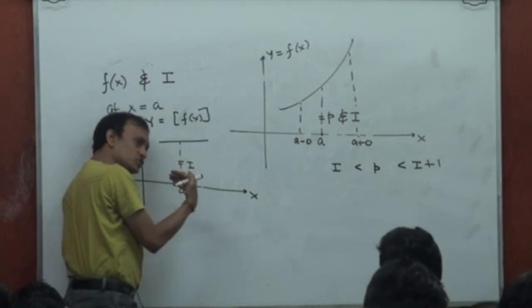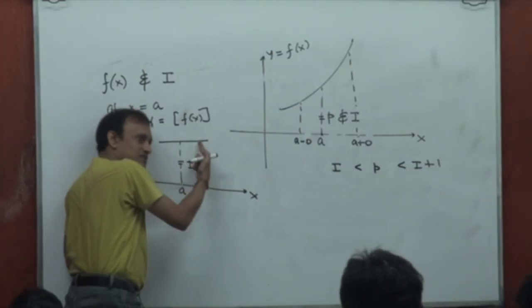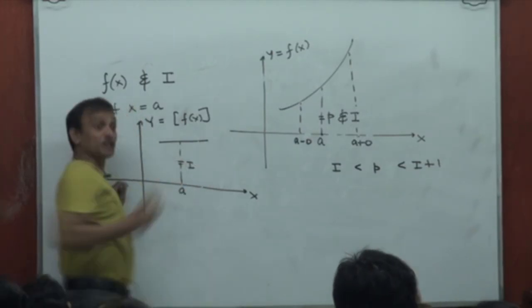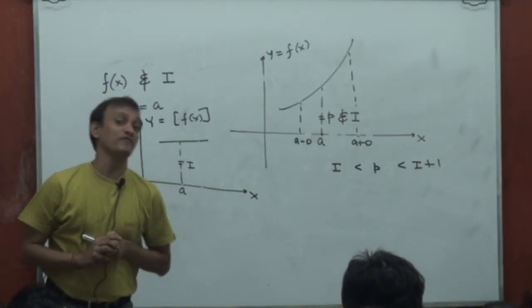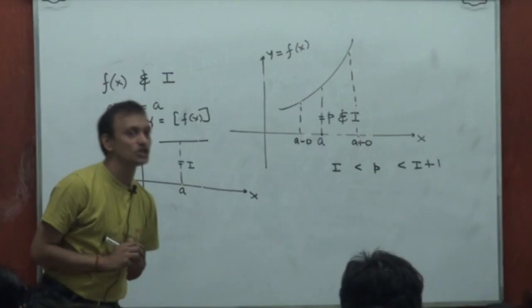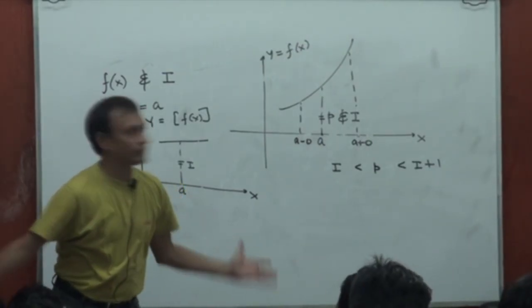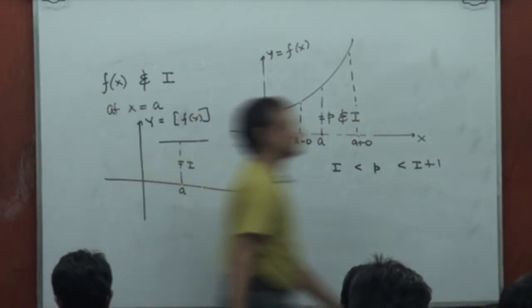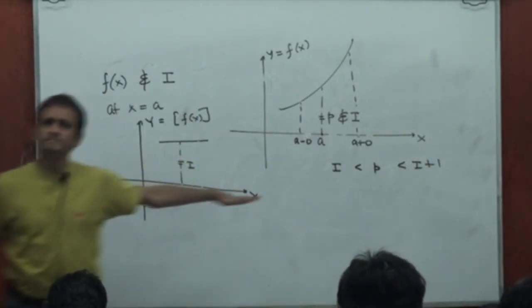At x equal to p, box would be I. To the left of p, still I. To the right of p, still I. So box of f(x) will be continuous at x equal to a if f(x) is not an integer, assuming that f(x) itself is continuous at x equal to a, right? Makes sense?